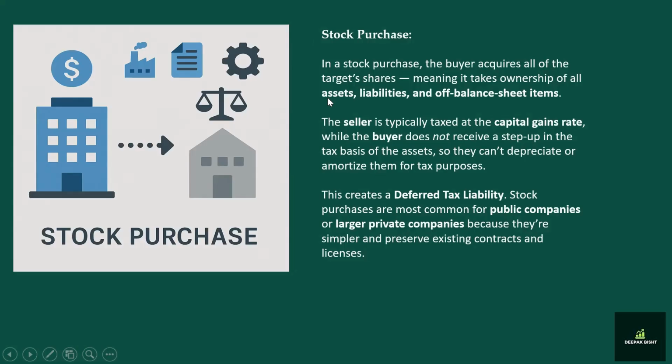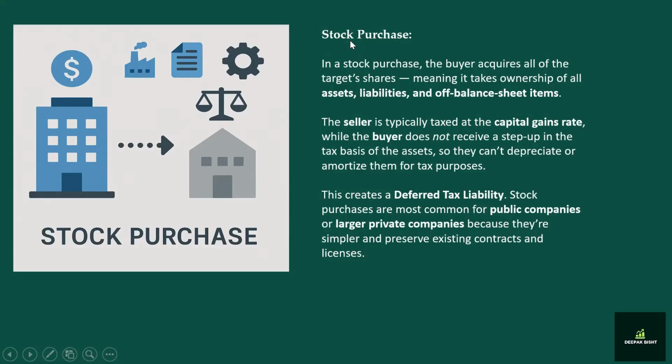Because of that, an accounting concept called deferred tax liability is created. That would be a liability, and it's basically the future tax bill the buyer is expected to pay. This kind of deal structure is used when you are buying a public company or a large private company, where it's easier to buy shares than to separate assets and liabilities.